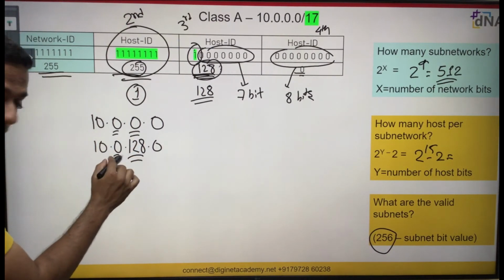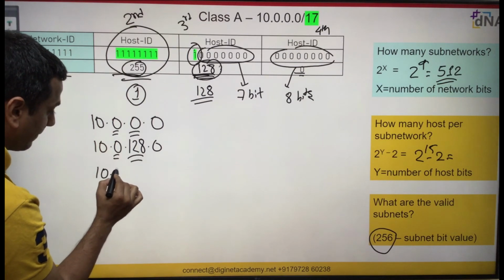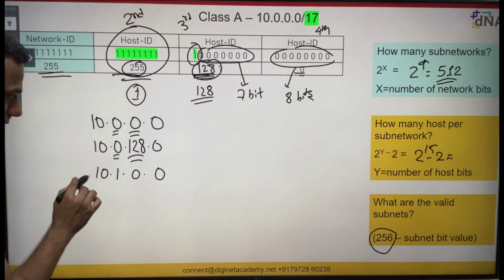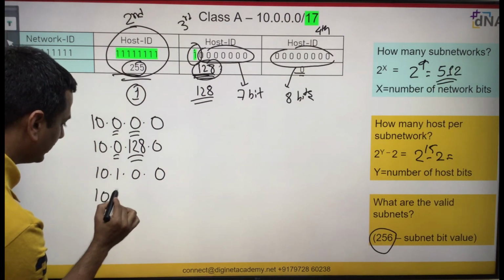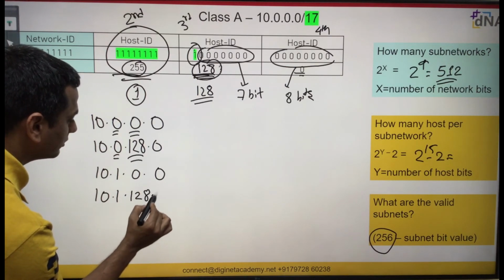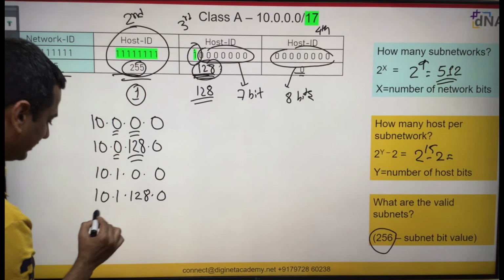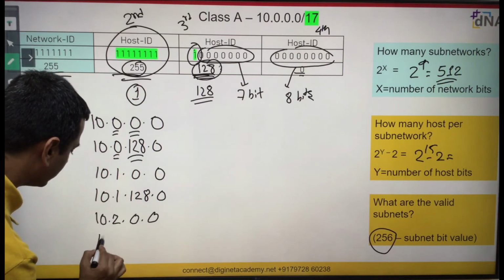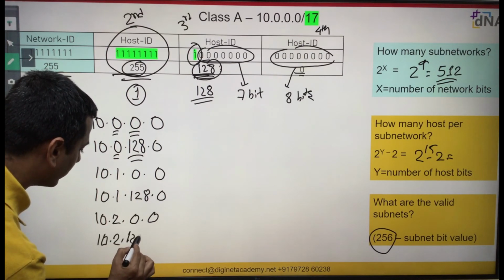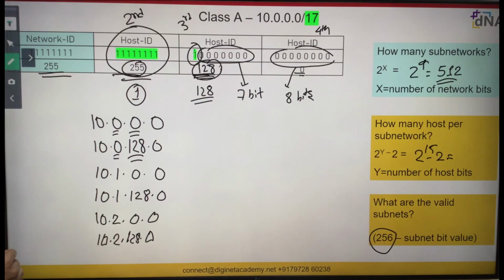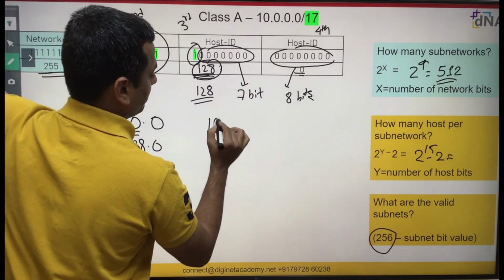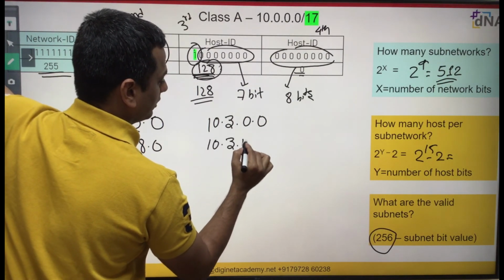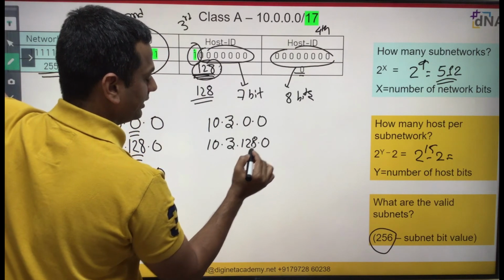Then 10.1.0.0, perfect, 10.1.128.0, then 10.2.0.0, 10.2.128.0. Got it? Next 10.3.0.0, 10.3.128.0. Got it?